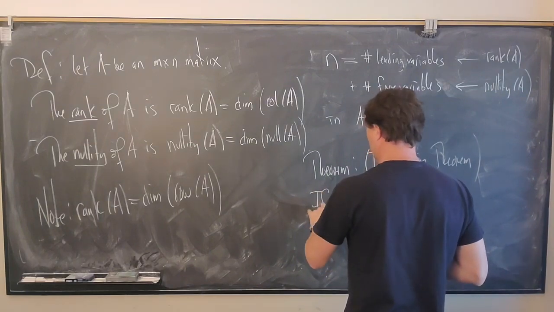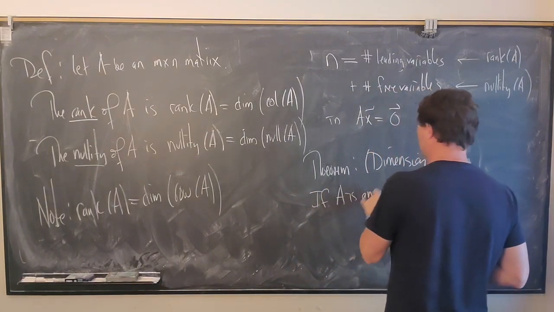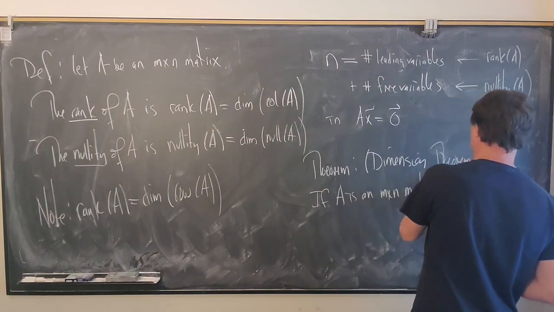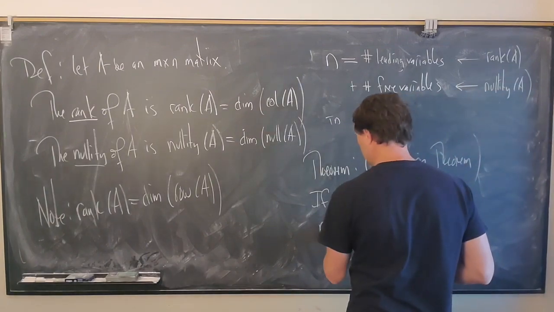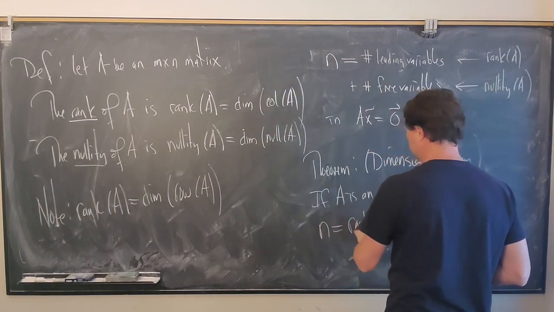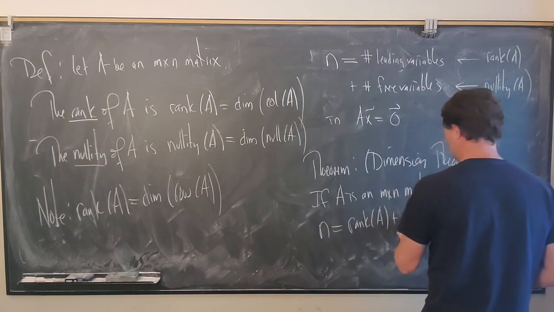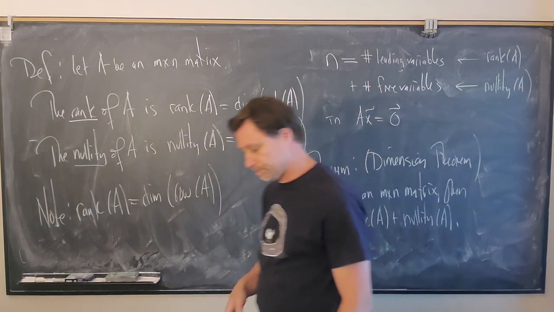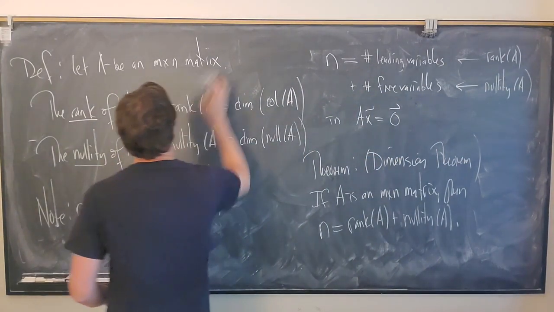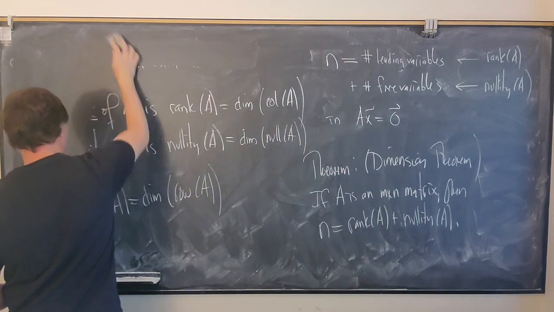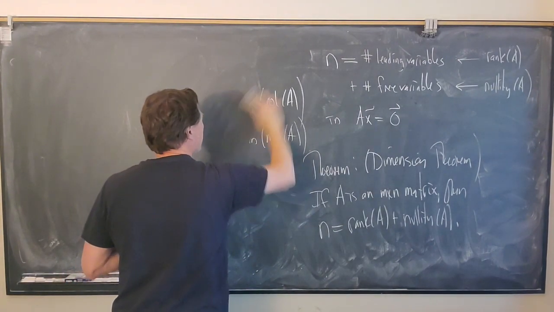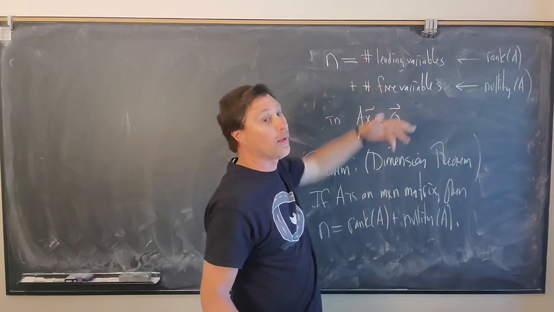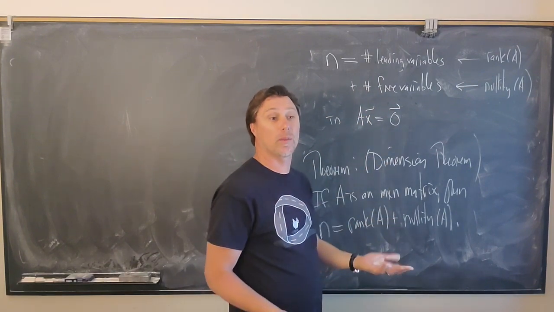If capital A is an M by N matrix, then N is equal to the rank of A plus the nullity of A. This is an important theorem, but it's really not difficult. You're either a leading variable or a free variable. Combine those two together, and that tells us how many columns our matrix has to have.